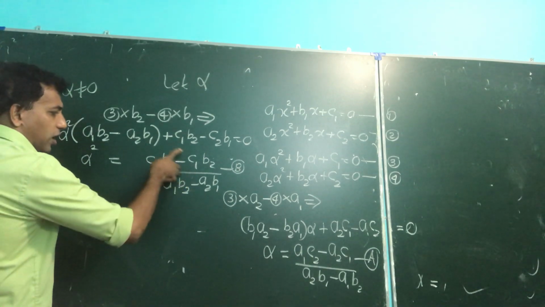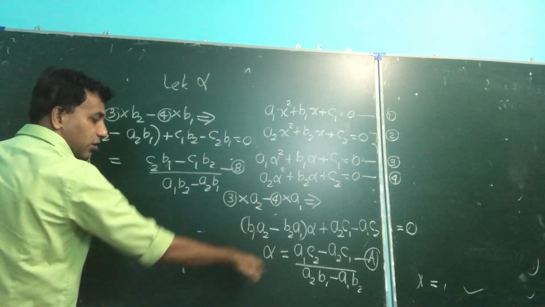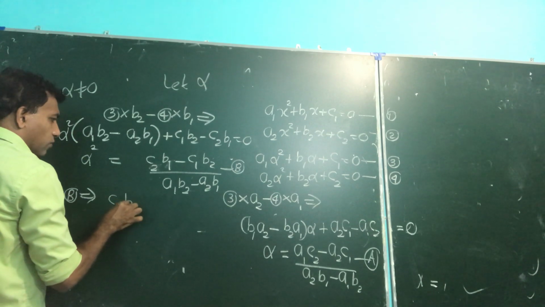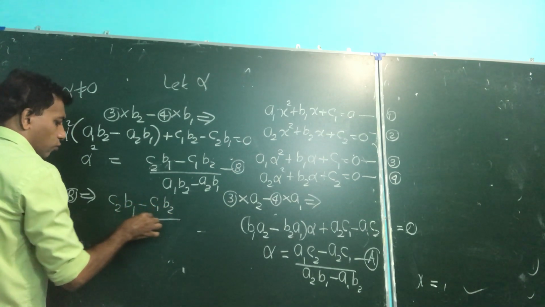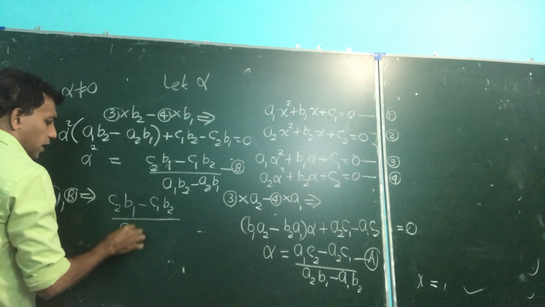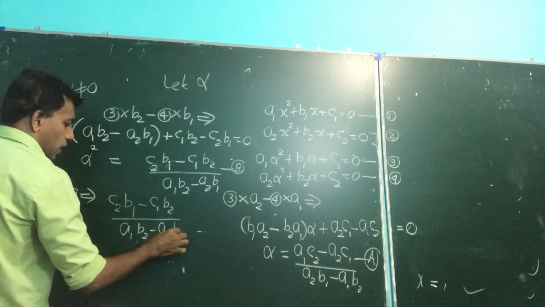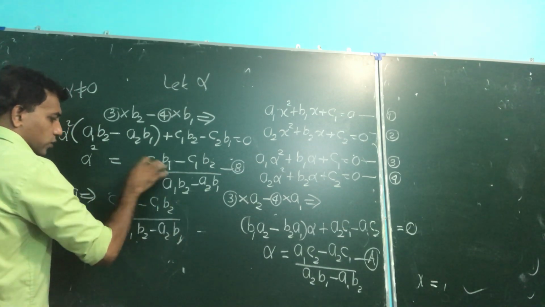So see, alpha square is this. That is equal to the square of the alpha, no? So can I write that? C2B1 minus C1B2 over A1B2 minus A2B1. Sorry, that is alpha square, okay.